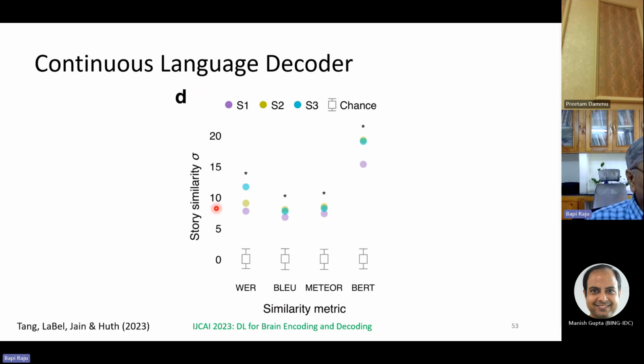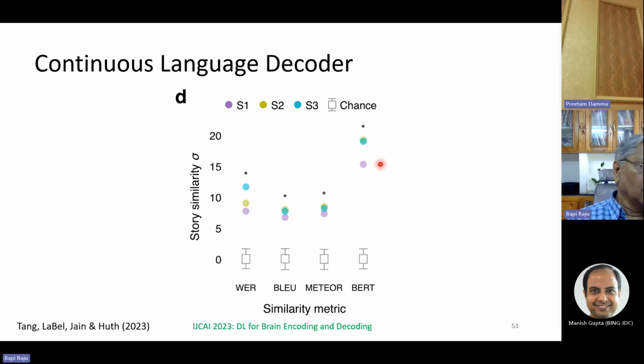What is the story similarity across different metrics? The BERT score is one of the recent scoring systems, a newer method which uses machine learning ideas to quantify whether two sequences share a meaning or not.